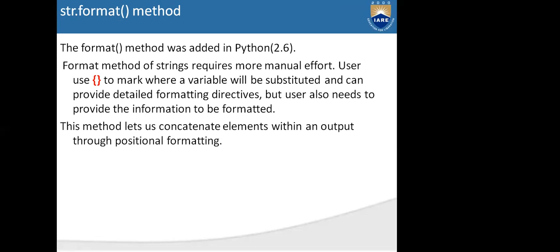This method was added in Python version 2.6 onwards. Now you can use it in Python 3 also. By using this, we may not give the format specifiers, but just specify a placeholder. Placeholder means where the data from the parameters must be included, but we won't specify the format specification, that is, whether it is a format of float, octal, etc. We just specify where the result has to come in the string.